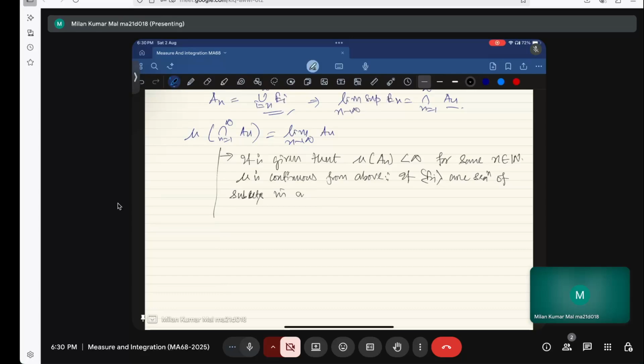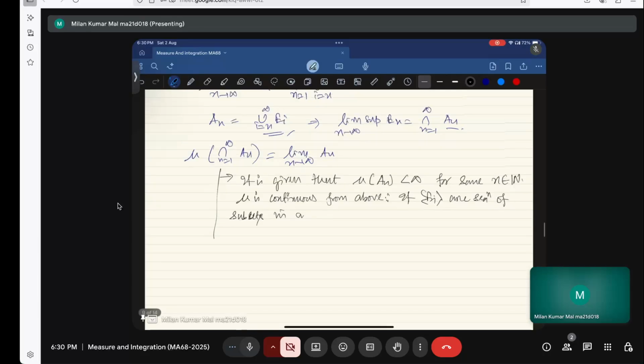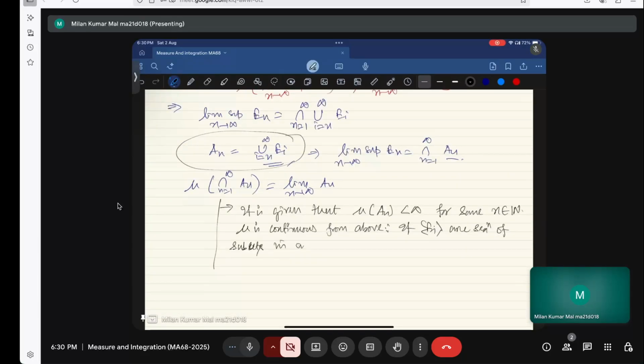If we just take a ring, then some facts will not hold, because here we are considering An as the union of some elements. But here it is given that Ai are elements in the ring S, and S is also a sigma ring, that's why the countable additivity will be there. So from here one can say that Ai is also in the sigma ring S for all i belonging to the natural numbers.